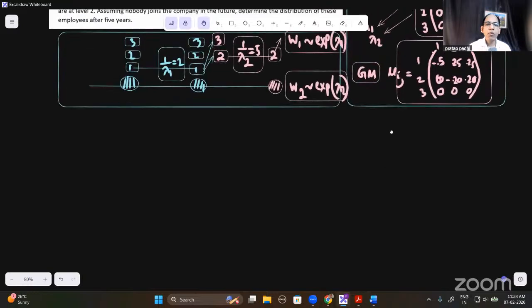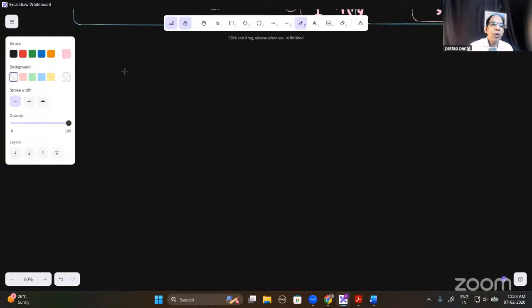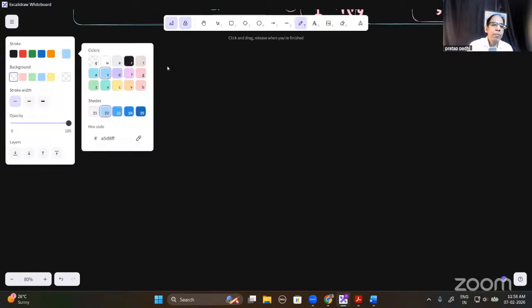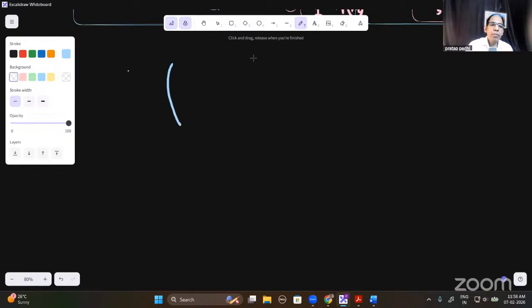So we have to form equations. We need to get all these values. Now we got our mu ij's. Let me write here mu ij's. These are my mu ij's. 1, 2, 3. 1, 2, 3. Mu 11, mu 12, mu 13.